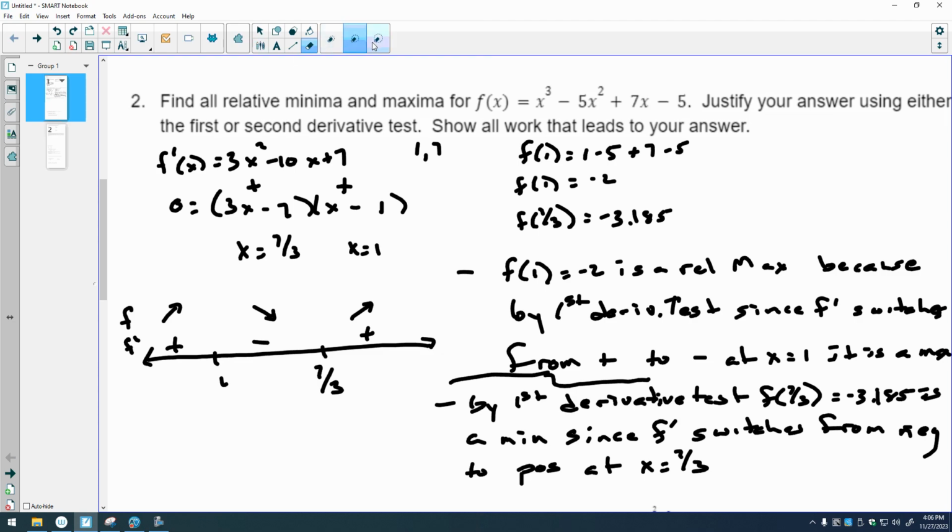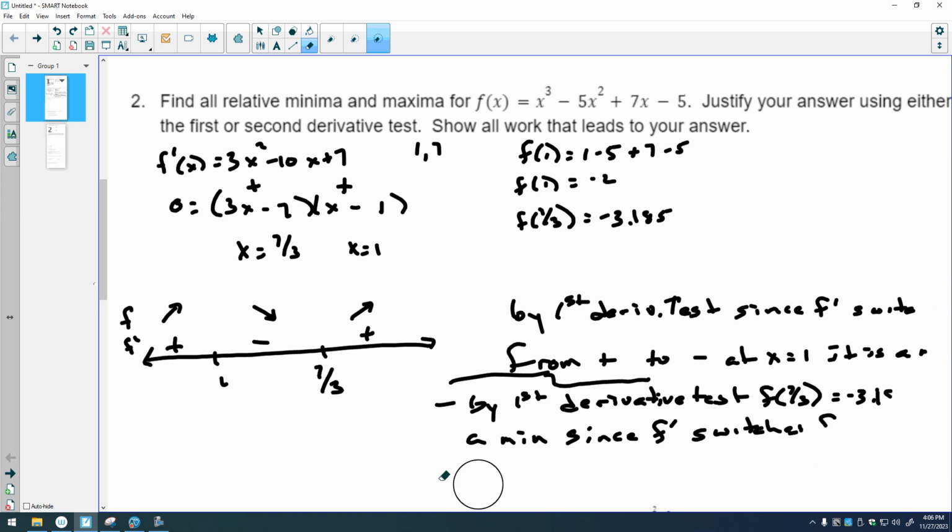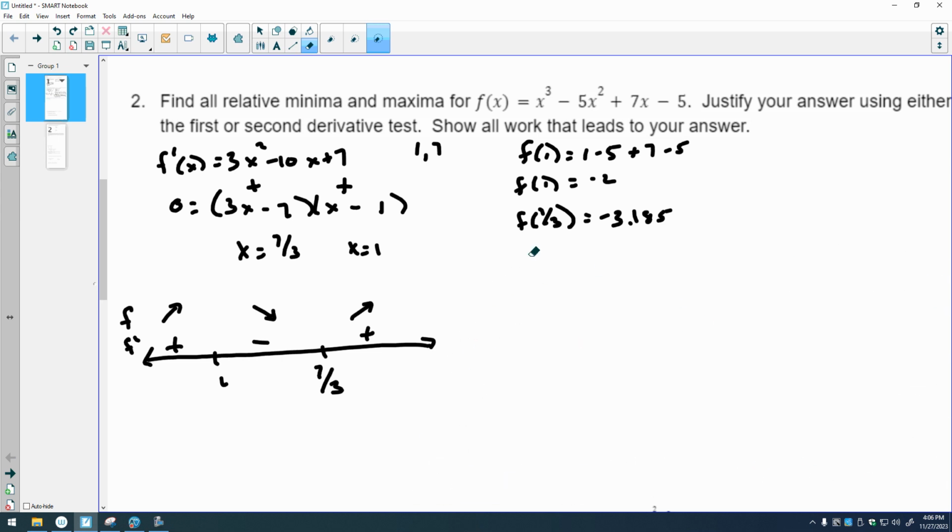I'm going to erase all that work, so if you want to see it, you'll have to rewind. Okay, so this is all going away. So second derivative test. F double prime equals 6x minus 10.